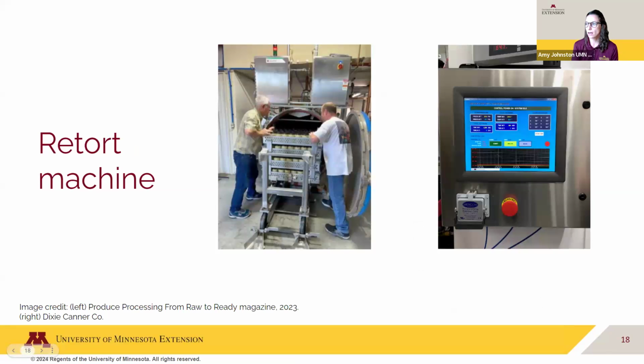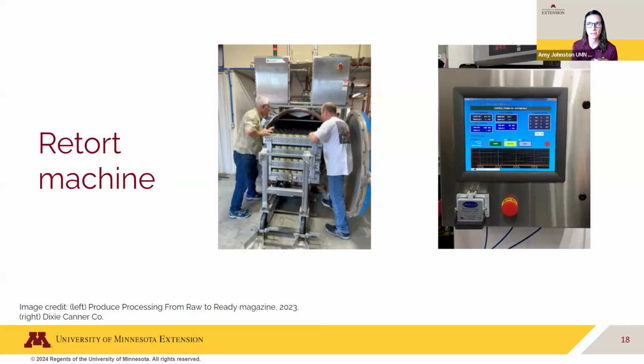And this is just a couple examples of what that industrial or commercial canning could look like. Again, that's called a retort machine. The image of the two gentlemen pushing a rack of canned goods is an example of a small family business that makes and cans sauerkraut. They originally were doing it in small batches. Once their business grew, they found a co-packer and are making it in this facility.